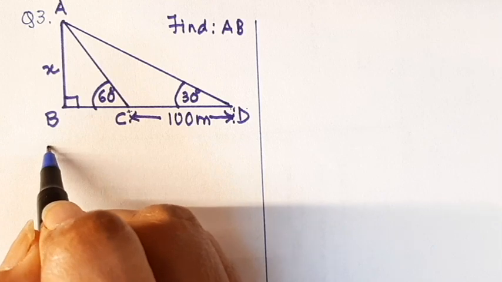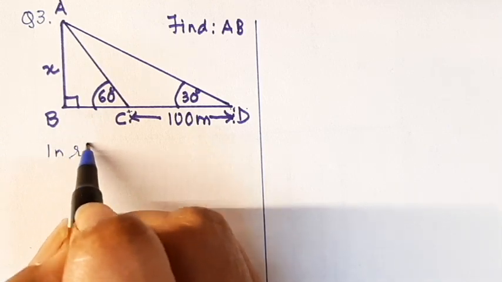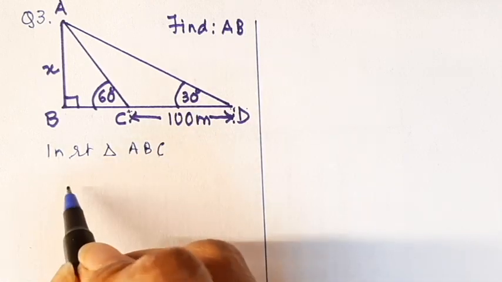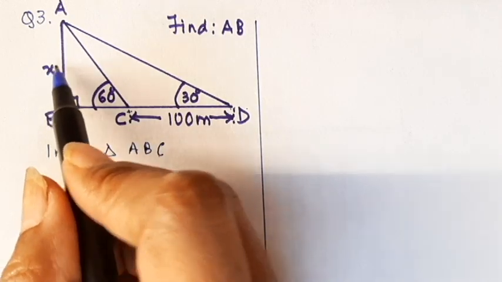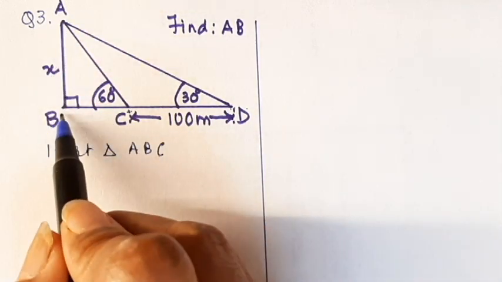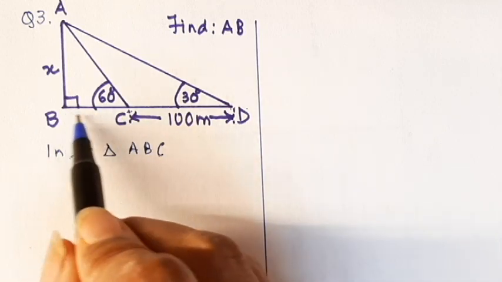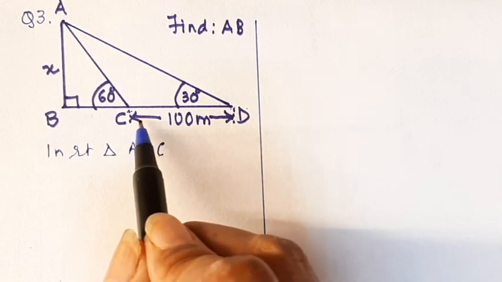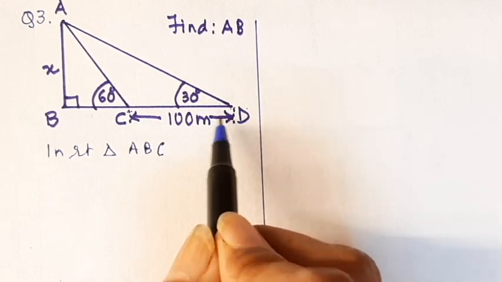To begin with, let us take the first right triangle ABC. Now in ABC, we are going to connect AB with BC, because BC and BD are going to form the adjacent sides and they can be linked with this 100 meter.